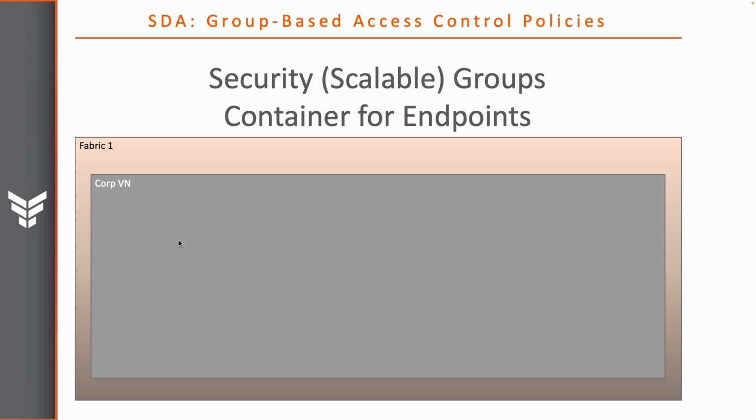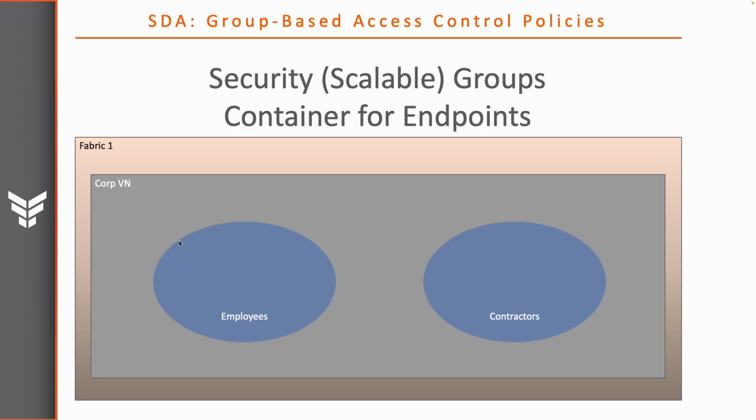In this case, we have a corporate virtual network. Scalable groups that we create are going to be assigned to a virtual network. In this case, we have an employees and a contractors scalable group. Now, we define these groups based on what our policy enforcement requirements are for these groups of endpoints.